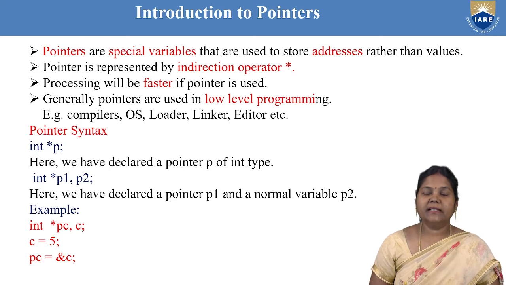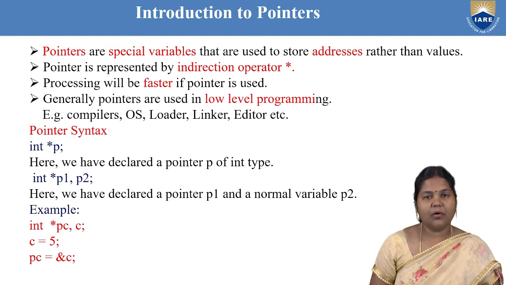Basically, there are two types of pointer. One is called a generalized pointer, the other is called a specialized pointer. The generalized pointer is also known as a void pointer or generic pointer. You can always convert a generic pointer or a void pointer into a specialized pointer.